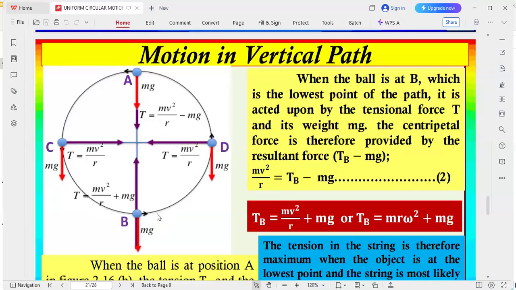So you can also be asked, state the position where the string is likely to snap. Then you say position B. Explain: this is the position where tension in the string is highest. Now remember, centripetal force can also be given as m omega squared r. So instead of mv squared over r, you can also use m omega squared r plus or minus mg for A and B.